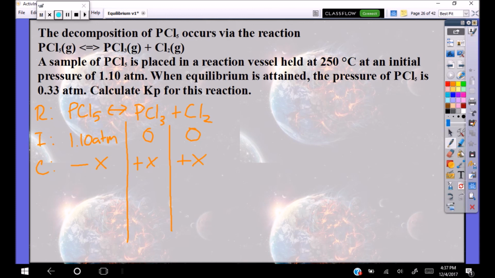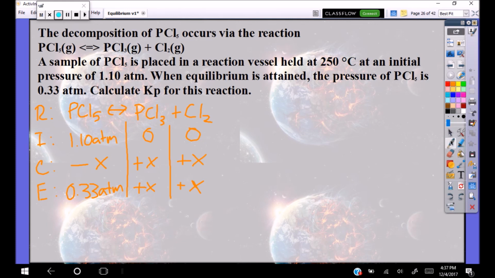And then my equilibrium. The nice thing here is they actually gave me my equilibrium concentration for PCl5. And then I know for now what I can plug in is plus x and plus x.